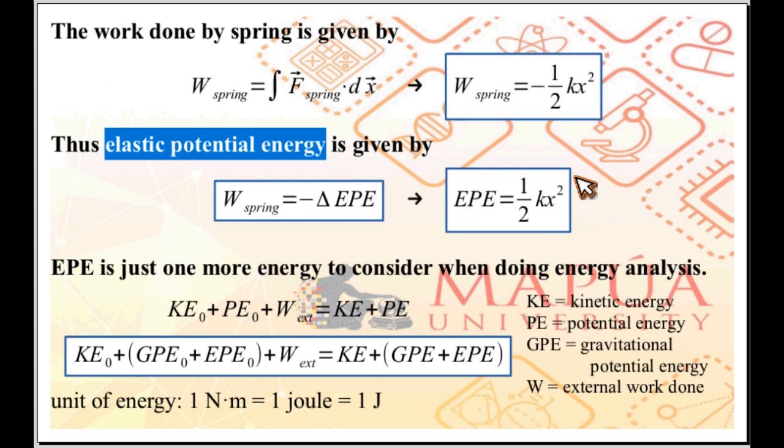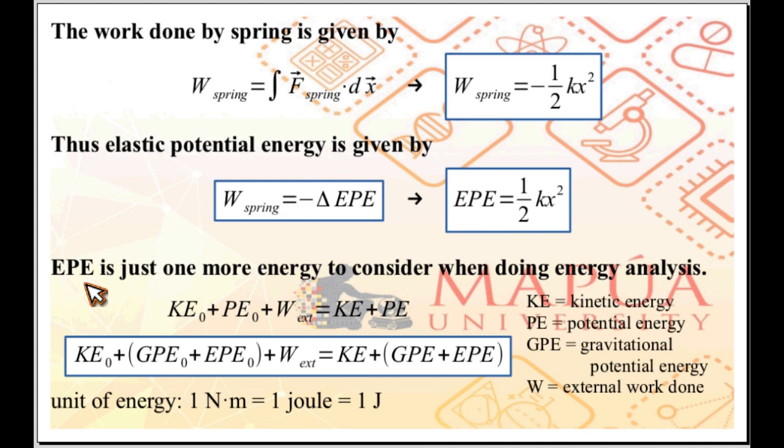And this elastic potential energy is energy, thus its unit is the unit of energy, Newton meter or joule. And this elastic potential energy is just one more energy to consider when you are doing energy analysis. When you are performing conservation of energy analysis, kinetic energy initial plus potential energy initial plus work done by external forces is equal to final kinetic energy plus final potential energy.